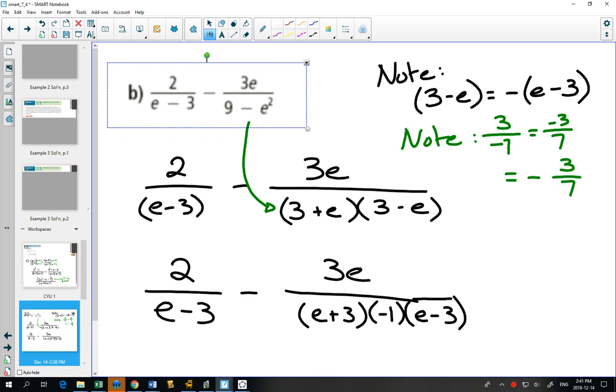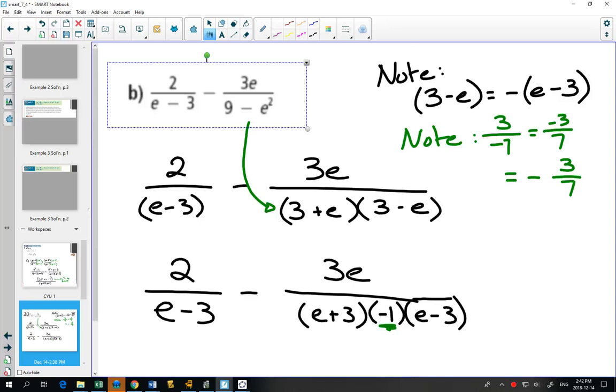Right now, the reason I'm saying that is I have a negative 1 in my denominator. I can move that negative to my numerator if I like, or I can move that negative to the front of my fraction. What would happen in this case if I moved that negative to the front of my fraction?